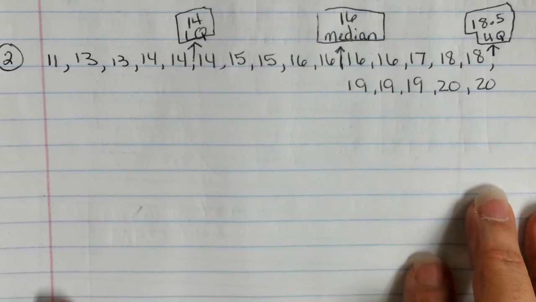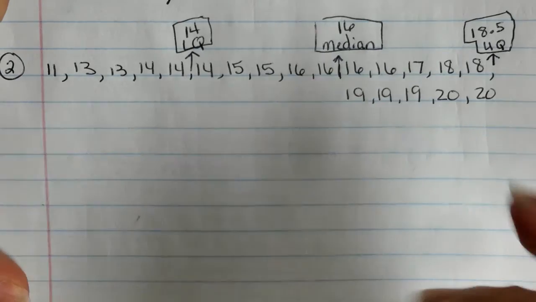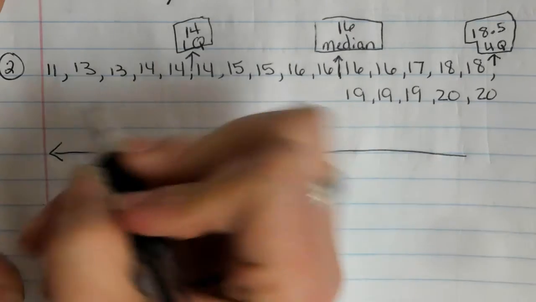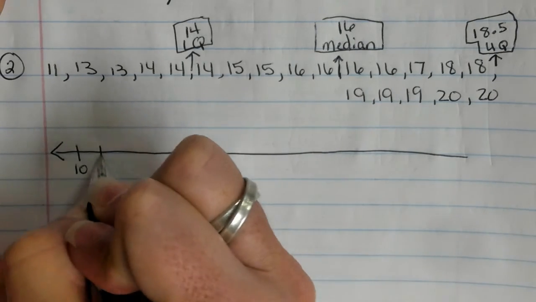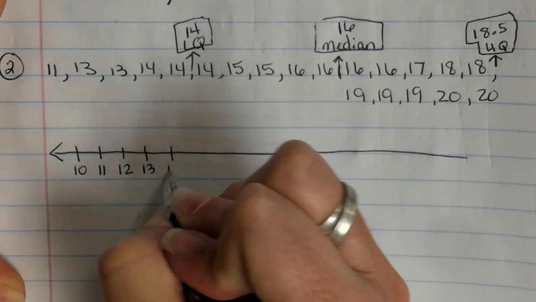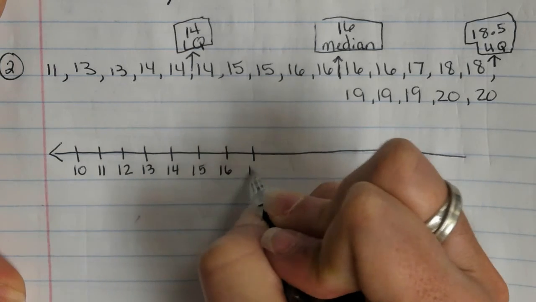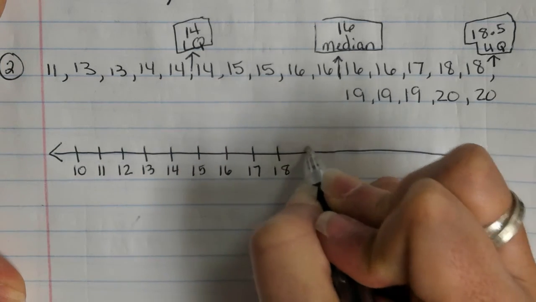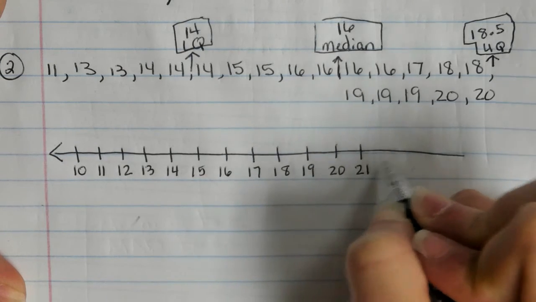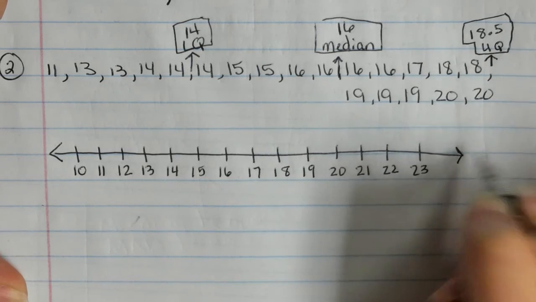Now, I've got to make a number line from 11 to 20 at least. I wish you'd do 10 to 21. Yes, you have to number the number line. Don't skip numbers. There's no reason.